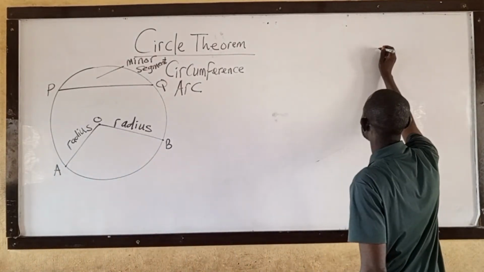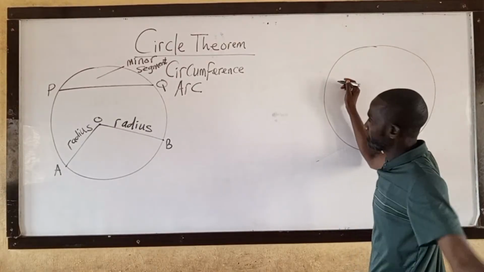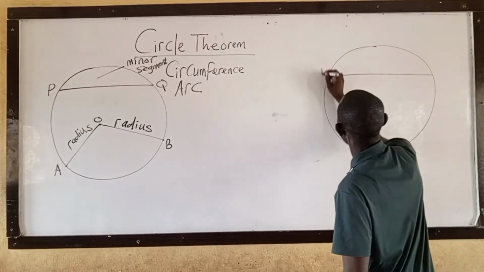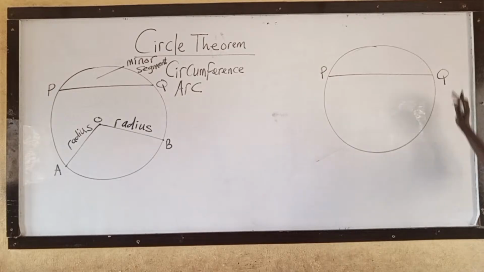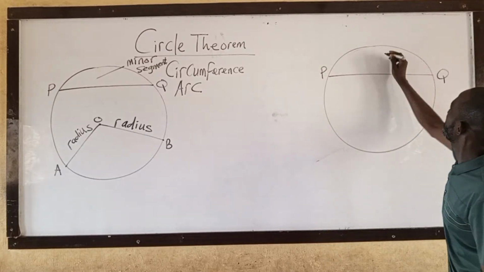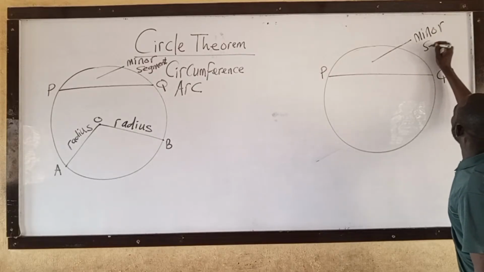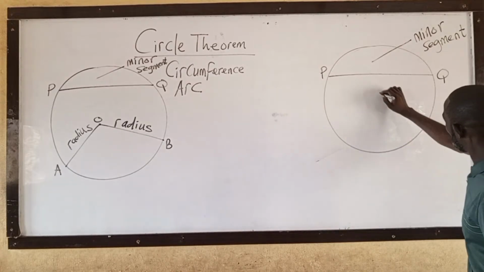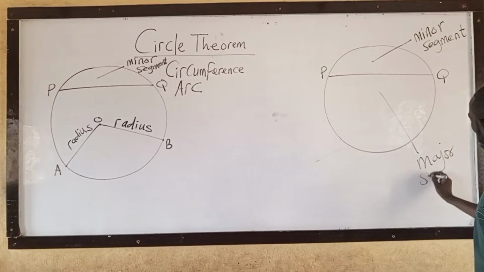So let me draw it. If I have P here, I have Q here. This place is the minor segment. This whole place is what we call the major segment.